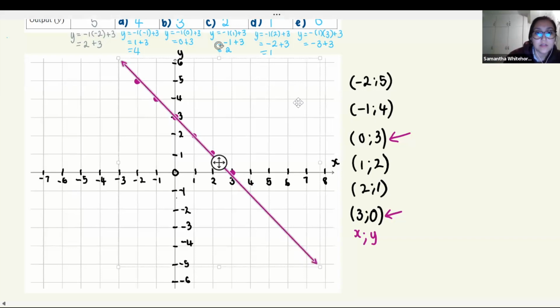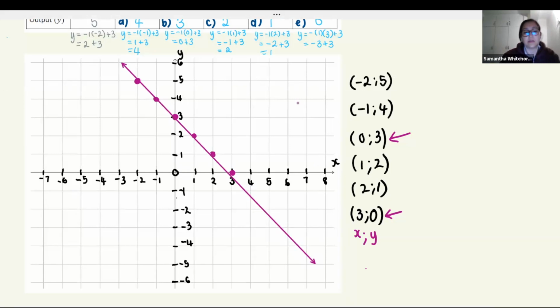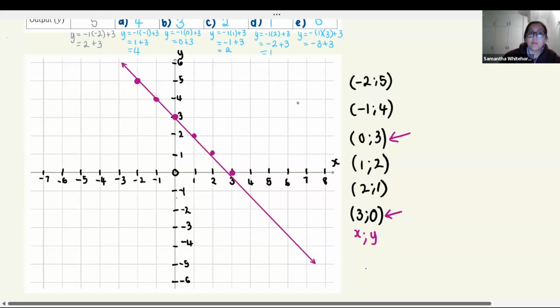Now, I'm doing this for a reason, so don't worry that I'm exaggerating this line just a wee bit. When we draw a graph, what we want to do is we always want to extend that graph all the way to the end of my Cartesian plane.